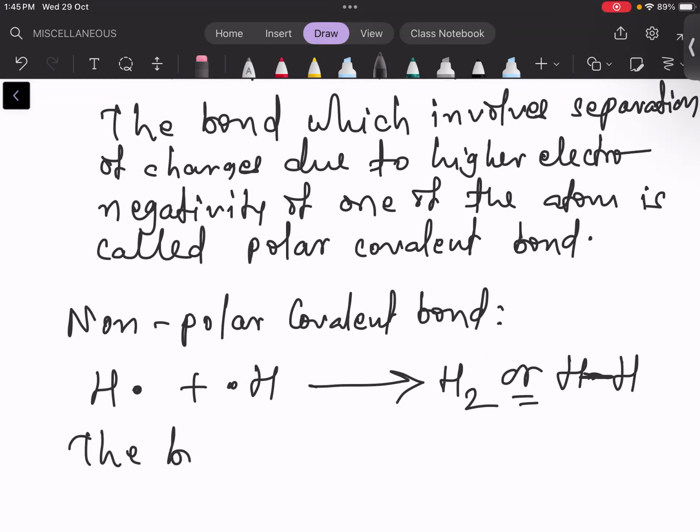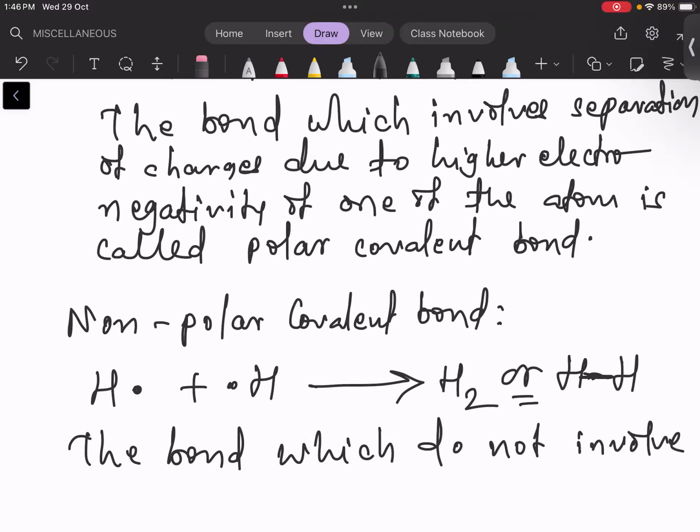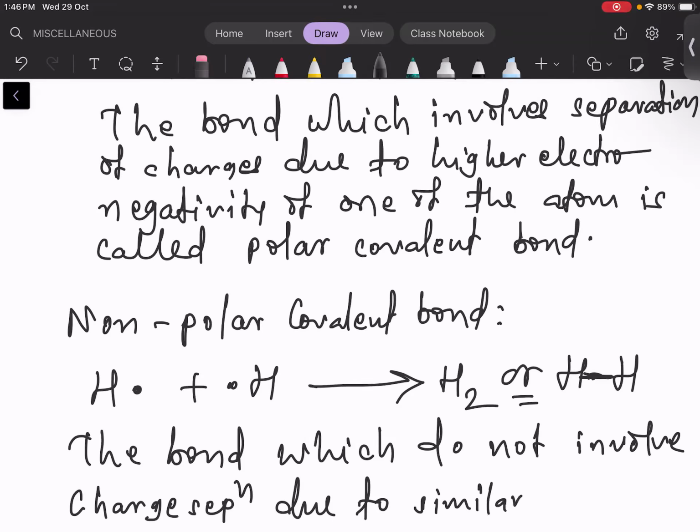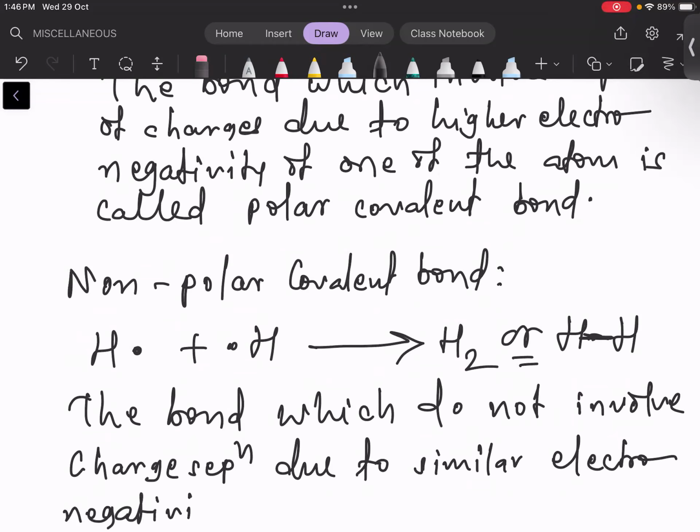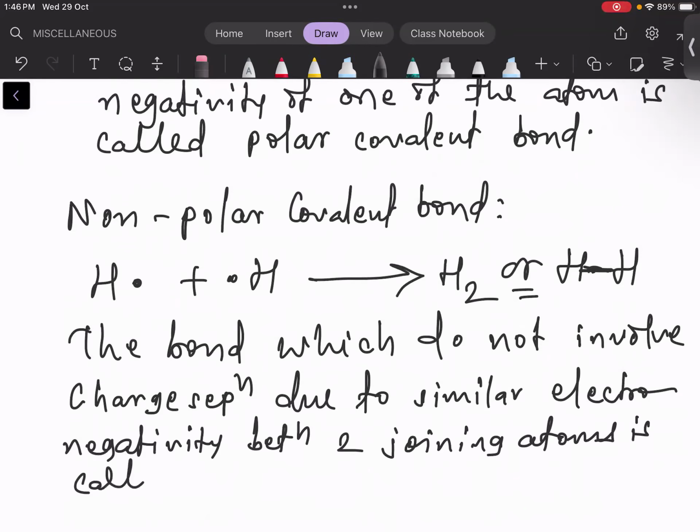So the bond which does not involve charge separation, due to similar electronegativity between the two joining atoms, is called a non-polar covalent bond.